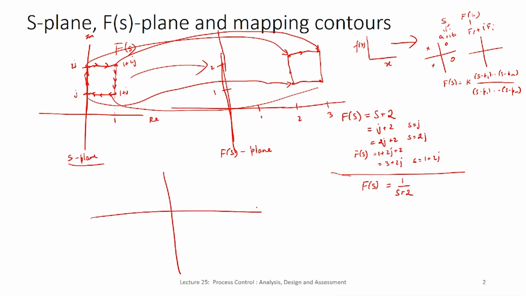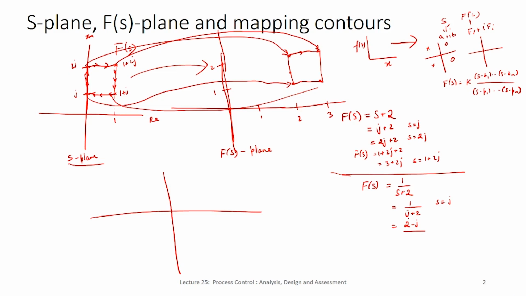Okay. So, now when I put s equal to j, f of s is 1 by j plus 2. Now, when you have this, from simple complex variables, what you can do is multiply by 2 minus j in the numerator and denominator. So, this will be equal to 2 minus j divided by 2 plus j into 2 minus j, which will be 2 squared minus j squared. 2 squared is 4, j squared is minus 1.